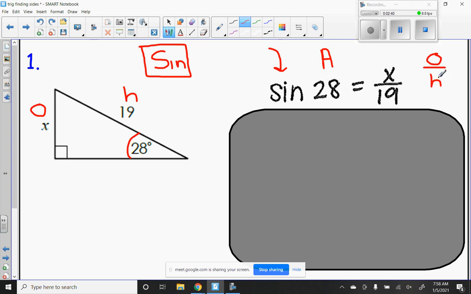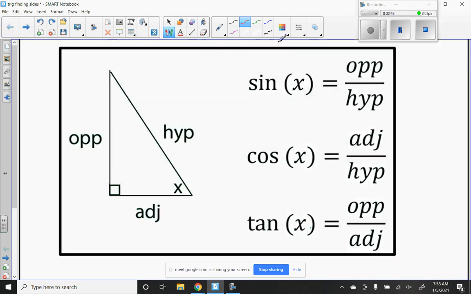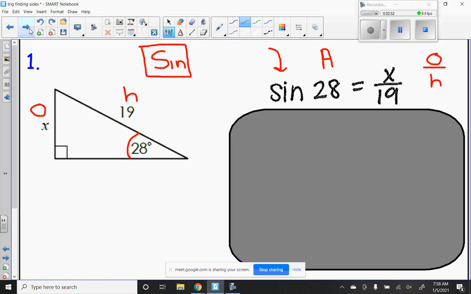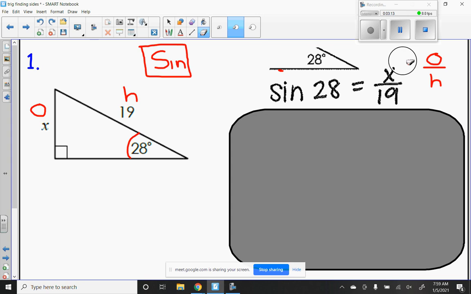If you look at the table that you should have drawn, for sine, opposite has to be on top of hypo. That's why our x is on top of the 19, because x is in the opposite position and the 19 is in the hypo position. All right, so that is how you set it up.